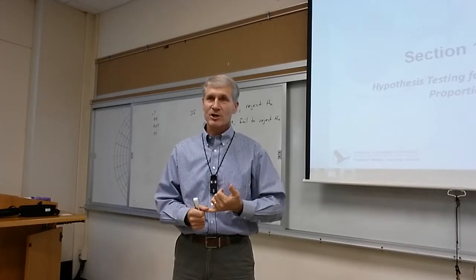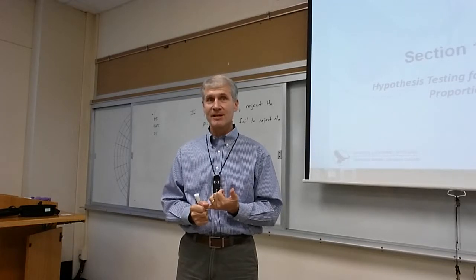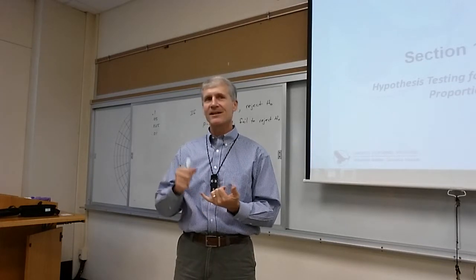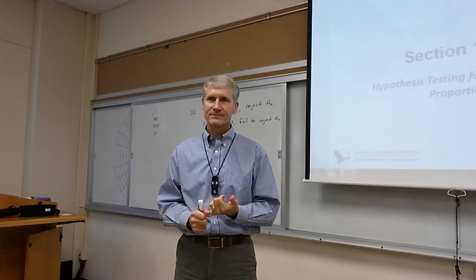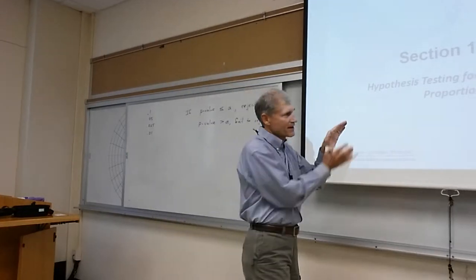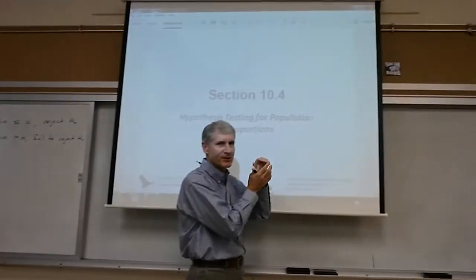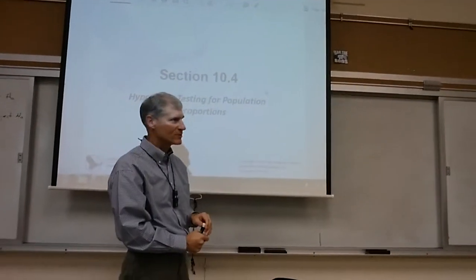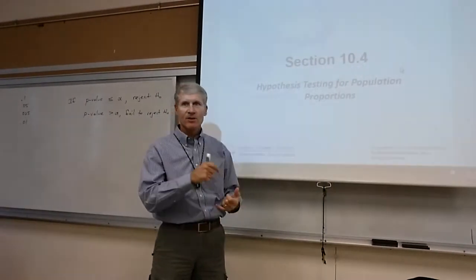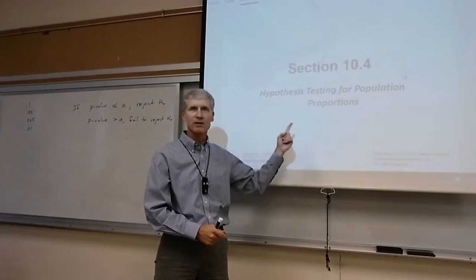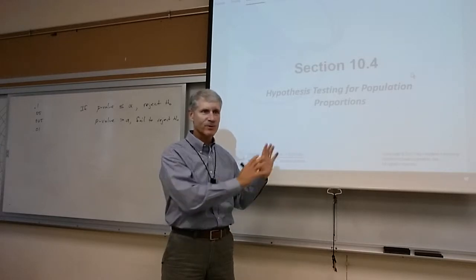The same procedure on your calculator will be used, except it'll have a test at the end instead of an int at the end. So on that tree diagram of deciding what type of procedure to use, means or proportions, this is proportions. One sample or two, this is one.